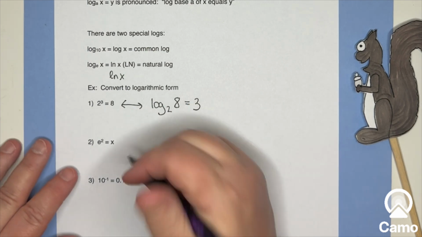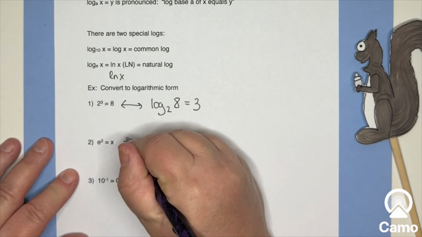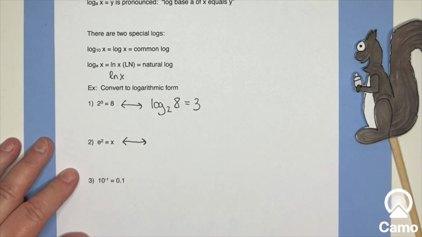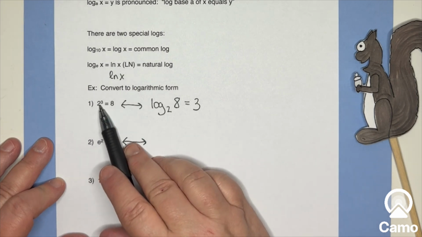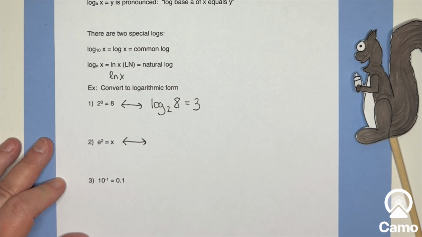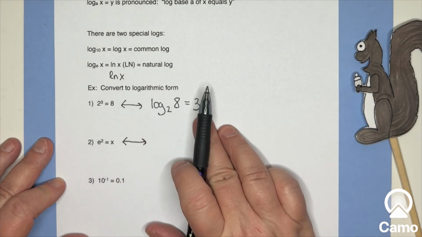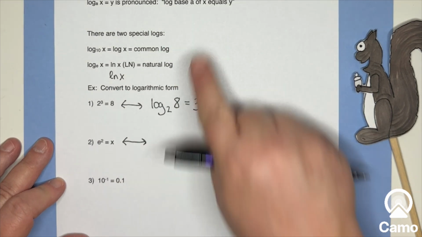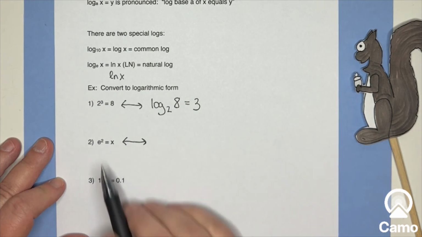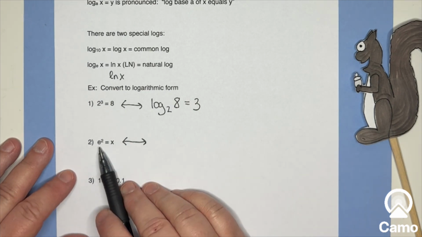Okay, so then what if it's something where it's a little bit less clear what's going on? e squared equals x. So if it's e squared equals x, we don't necessarily have as strong a connection with it in the way that 2 cubed equals 8 is probably something you already knew. So we're just going to have to use the pattern that we set here. We're going to start with the number that's the base.